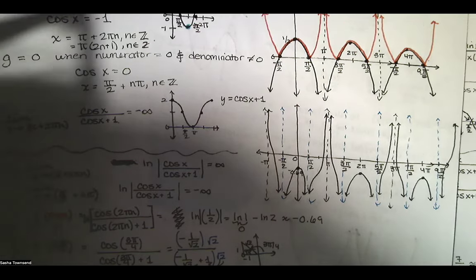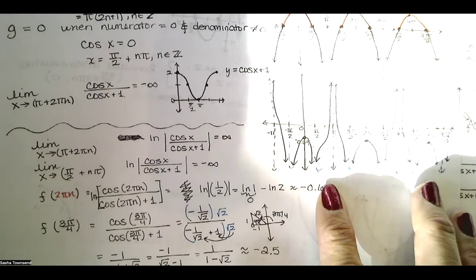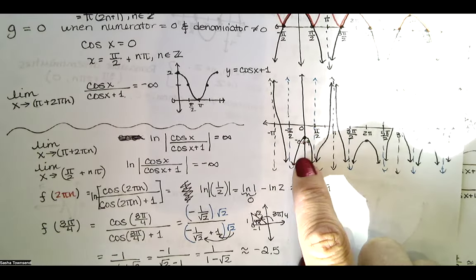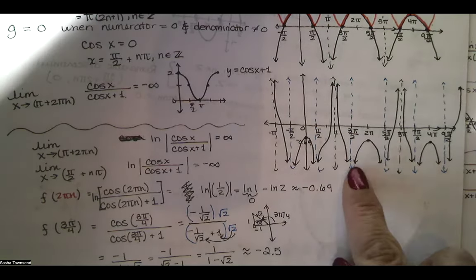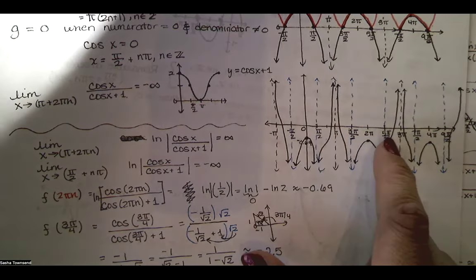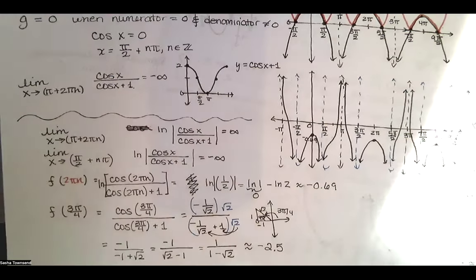There's weird shadows in Starbucks right now. But that's very similar to what we have on Desmos. My functions don't get as close to the asymptotes as the functions on Desmos do. But we still have those U-shaped things here. And then we have the function approaching infinity at all the odd multiples of pi, and negative infinity at all the odd multiples of pi over 2.